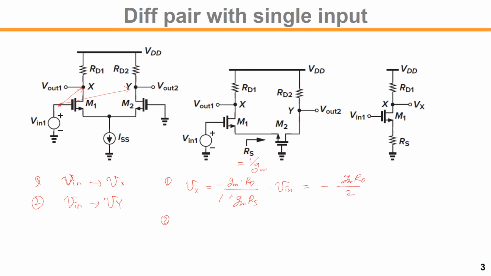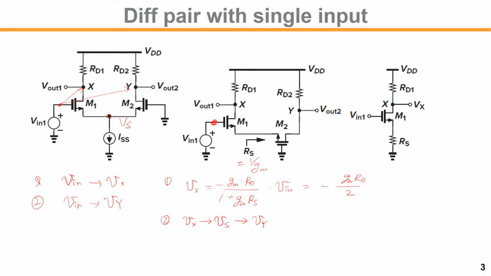The second, the gain from input to Vy. Let's say the source node is Vs. So we can find the gain from Vin to Vs, and then the gain from Vs to Vy.